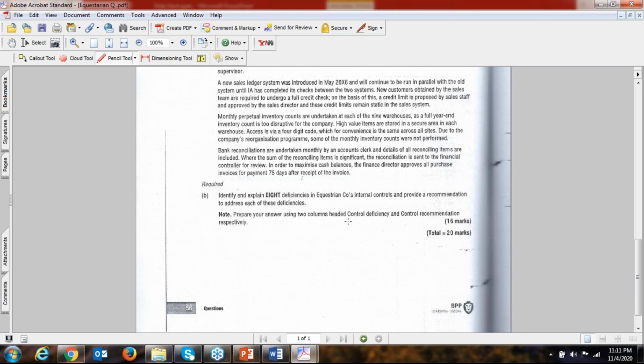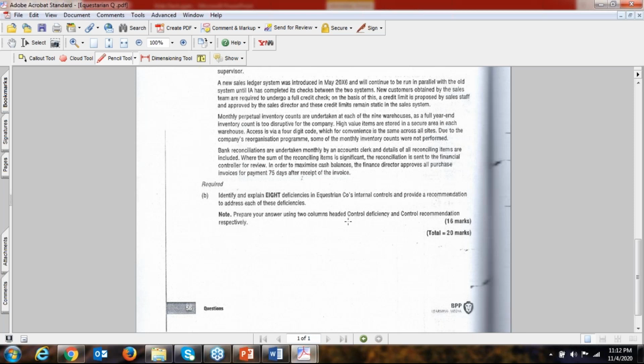So how easy it is for you if you tackle the audit risk question and internal control question rightly, in a very logical manner, then you have a big chance to succeed in the exams.